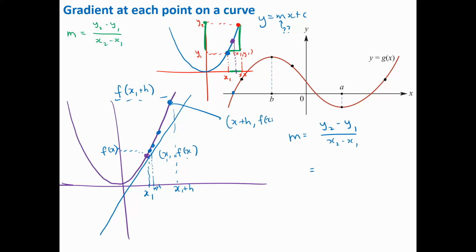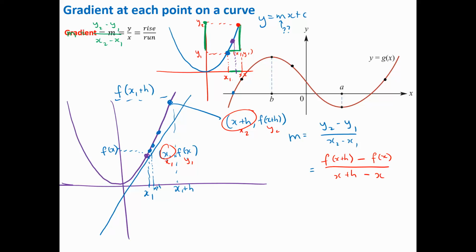If you did y2 minus y1, I'm going to do it in red here so you can see: y2, x2, y1, x1. If you follow that pattern, y2 would be f of x plus h, minus y1, which is f of x, over x2 minus x1, so x2 is currently x plus h, minus x1, which is x.